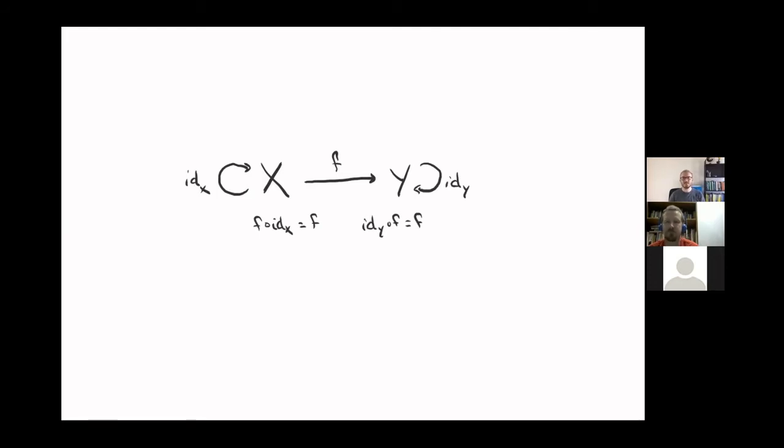There's nothing else. This is not the simplest possible category. The simplest possible category maybe would just have one object and just the identity morphism.